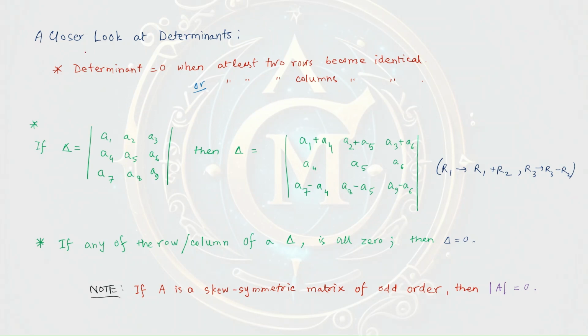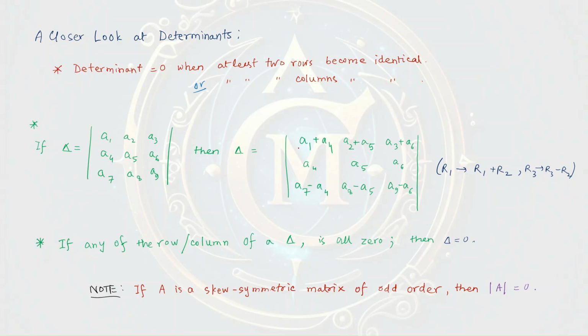Now we need to take a closer look at determinants. You need to keep in mind that determinant becomes 0 when at least two rows become identical, or at least two columns of the determinant become identical. And also you have to keep these properties in mind, that you can add or subtract any row to any other row in the determinant, but keep in mind that any one of the rows has to remain unchanged during the process.